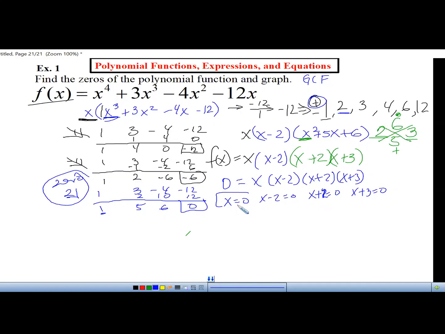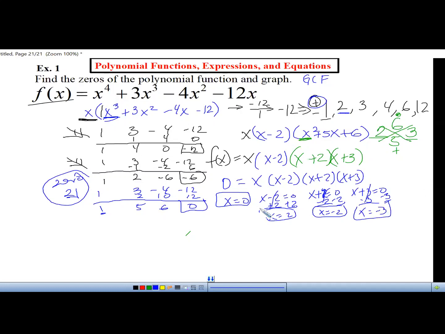Let's solve. This one's already solved. x equals 2, x equals -2, x equals -3.